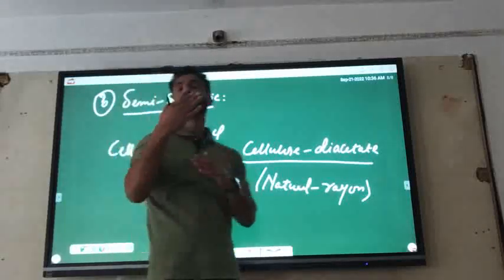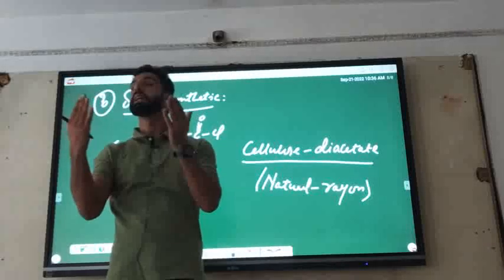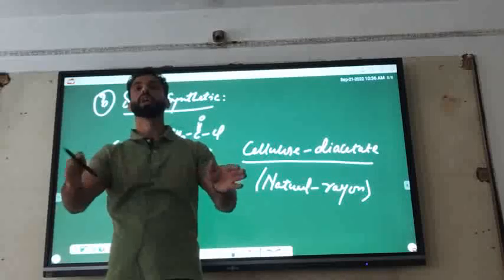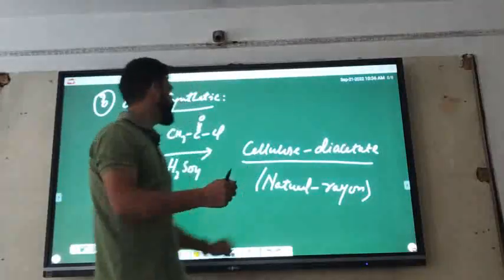First we have to do a little modification, either by adding or by removing a functional group, to obtain this. This was semisynthetic.